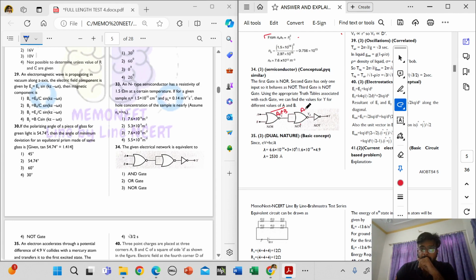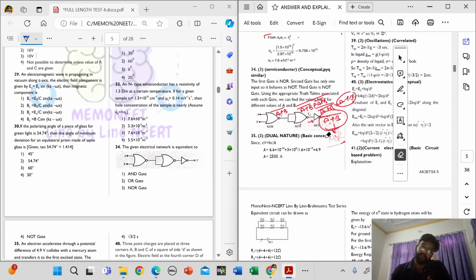See, we will get here A plus B whole bar, plus A plus B whole bar, whole bar. So it will become A plus B double bar, that will be equal to A plus B. Then we have the NOT gate, so we again get A plus B whole bar. So this output is for the NOR gate.